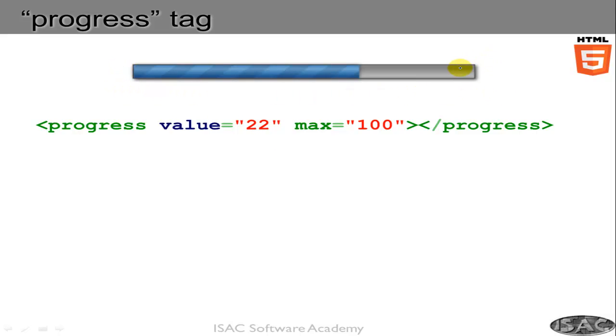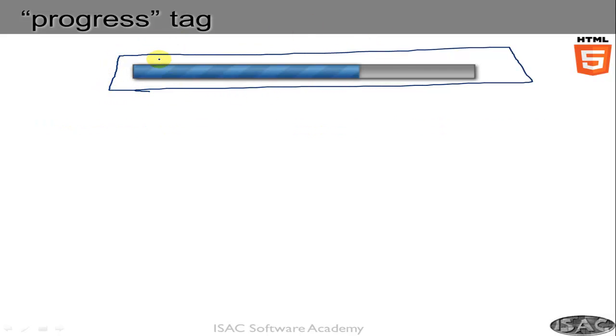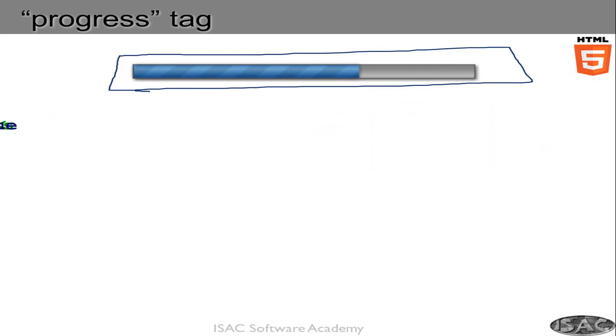So the difference between both of them is the way it displays, because the basic concept you can use both in an overlapping way, but the way the display happens, the whole bar, that is the difference. It will look like a progress bar, but the other one looks like a rating, right? So that is the difference.